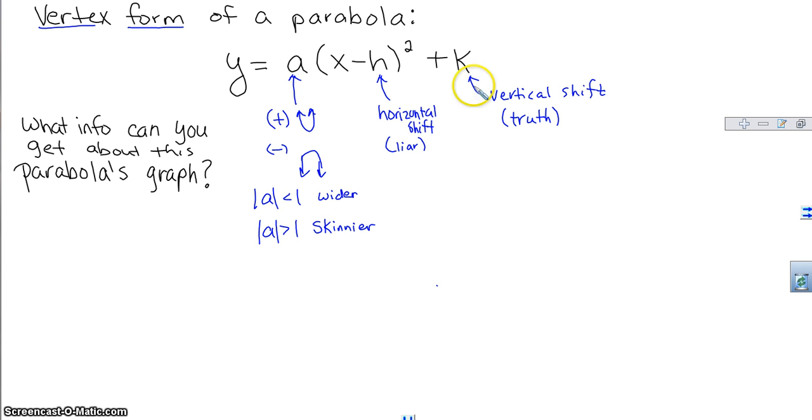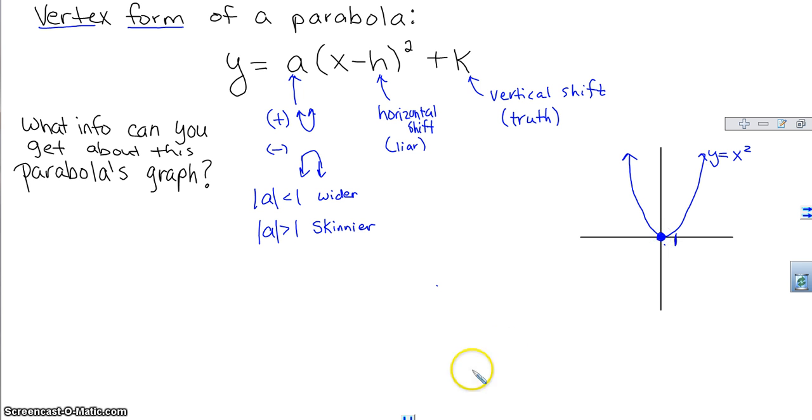Okay? And if you think about starting your parabola, your parent function, let me draw one over here. Your parent function, y equals x squared. It's going to do something like this. If we were to take that parabola with a vertex at 0, 0, and we move it left or right or up or down, this point here would move in that direction. So let's say H was a horizontal shift of 1.